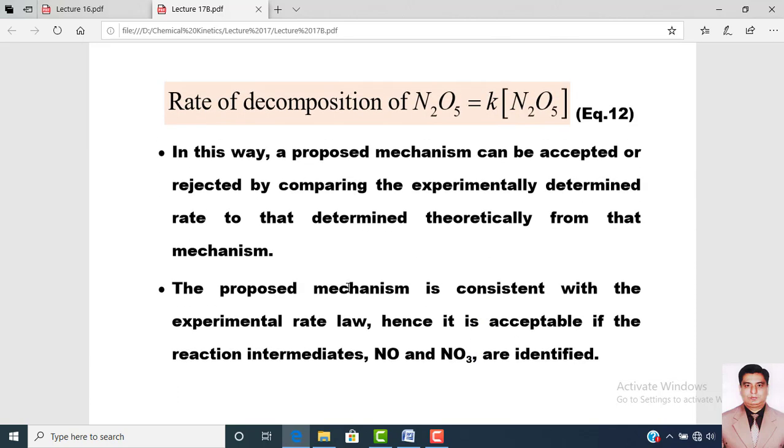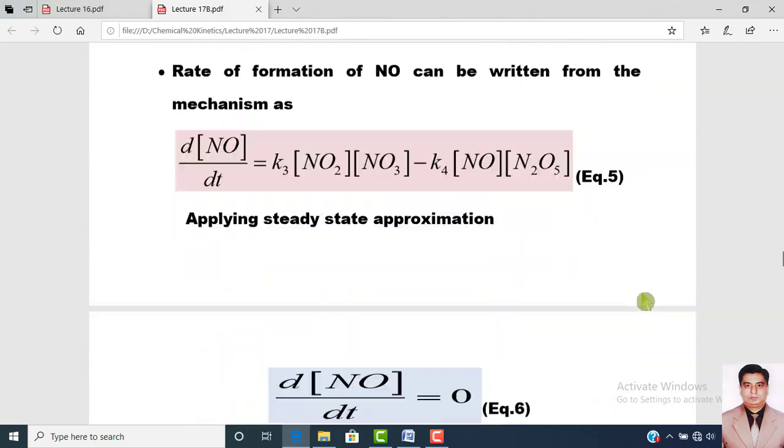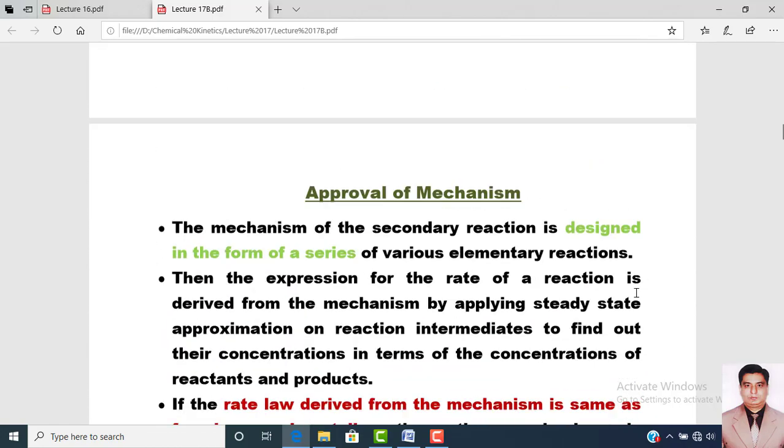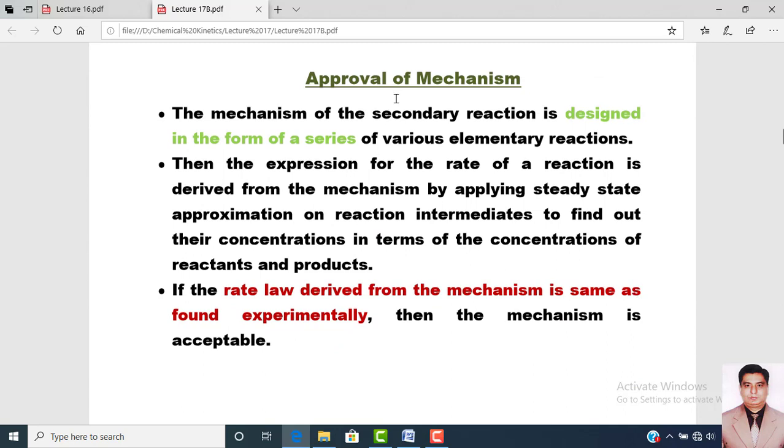So, dear students, I hope you have understood the thermal decomposition of N2O5. So, as per my introduction of this lecture, I have told you that a mechanism is first proposed by designing it in the form of a series of various elementary reactions, and if the rate law derived from the mechanism is the same as found experimentally, then the mechanism is acceptable.